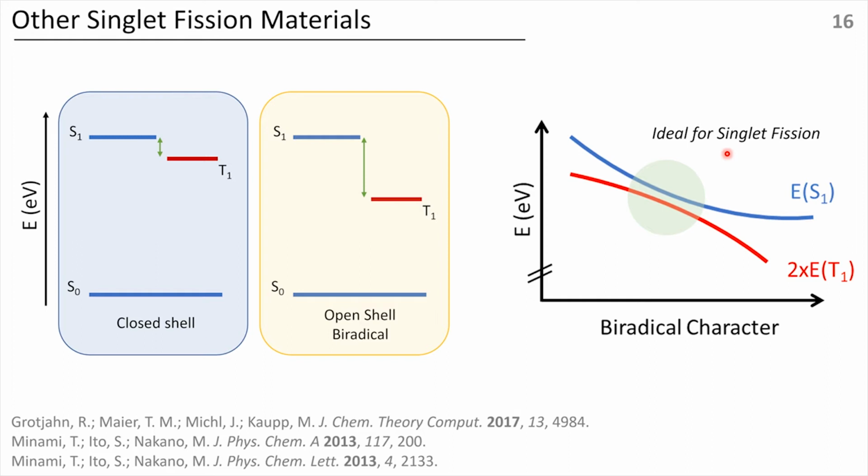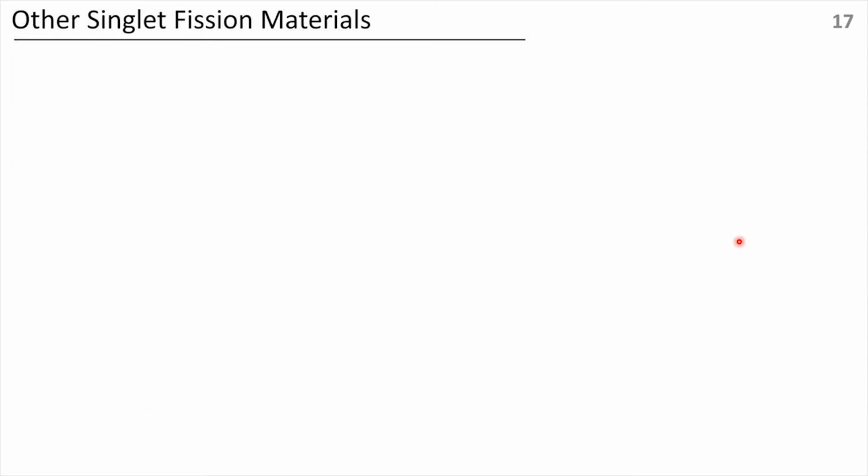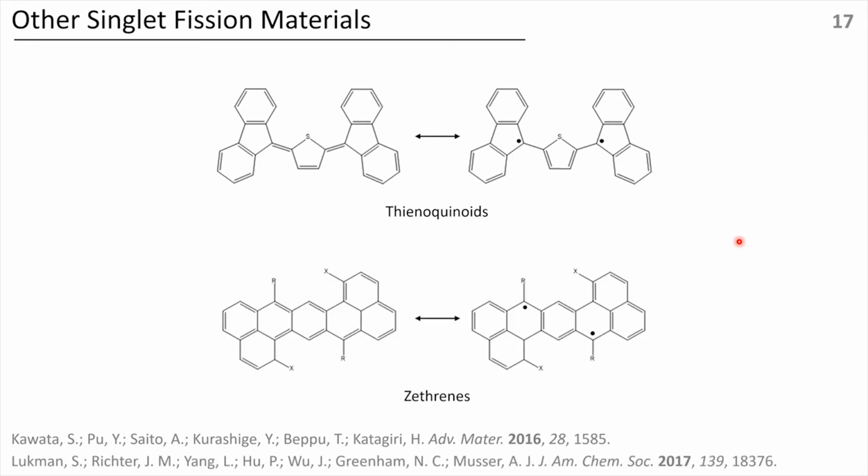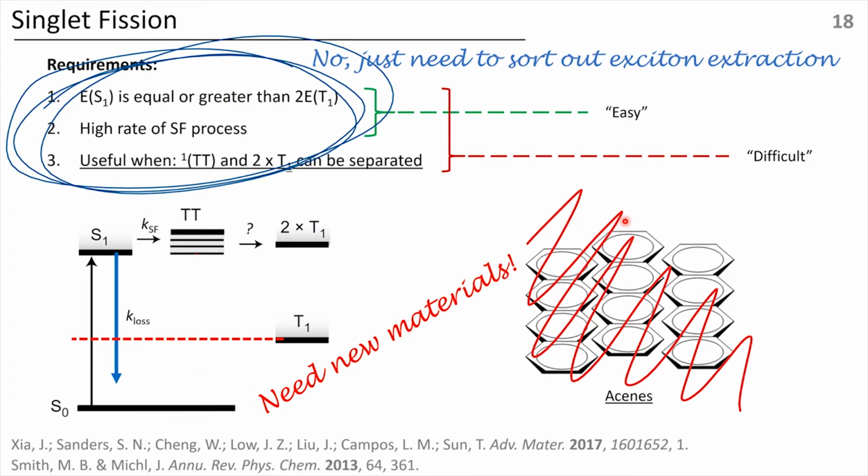I make it easy for the audience to follow the points I'm trying to make, hopefully. So I go on and talk about some developments of new singlet fission materials. Again, it doesn't matter too much. I don't spend a whole lot of time on that.